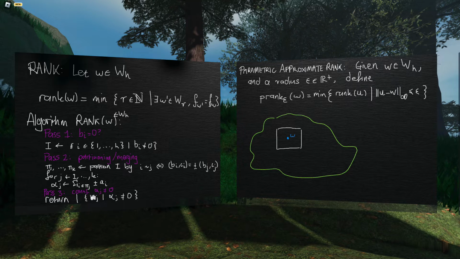I use the uniform distance as the terminology in my thesis, so that's what I'll probably reflexively use, but you'll know this is the L infinity distance. You look inside this neighborhood for another parameter, u, that has as low a rank as possible within this neighborhood. And that becomes the parametric approximate rank of w.